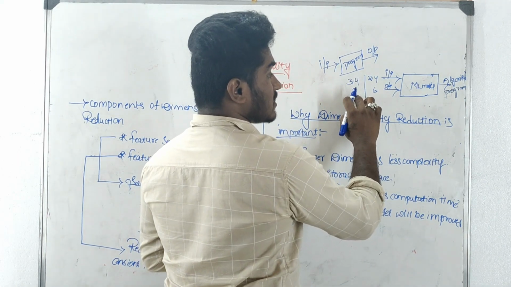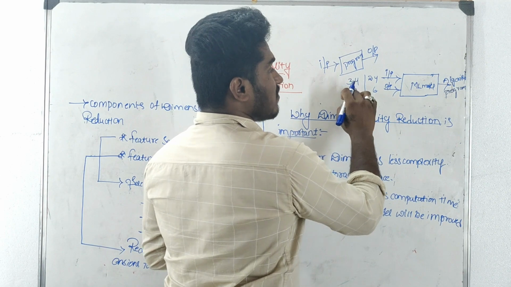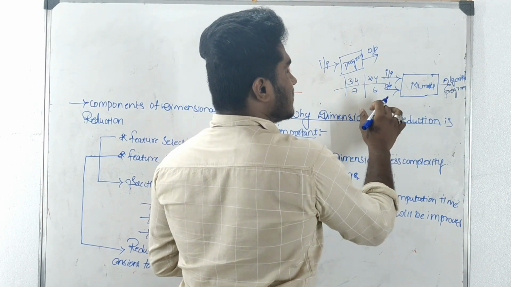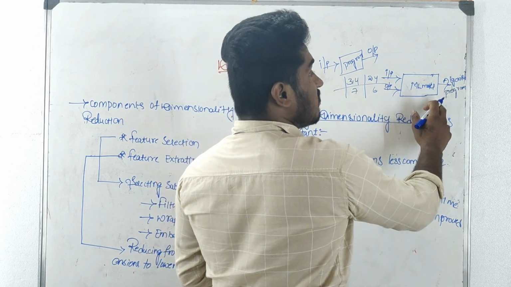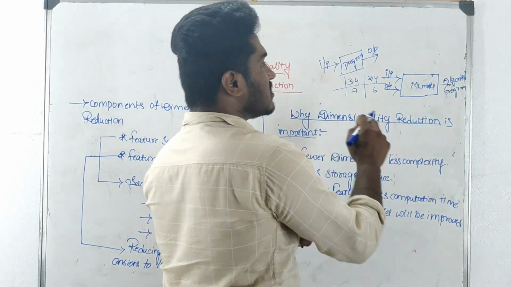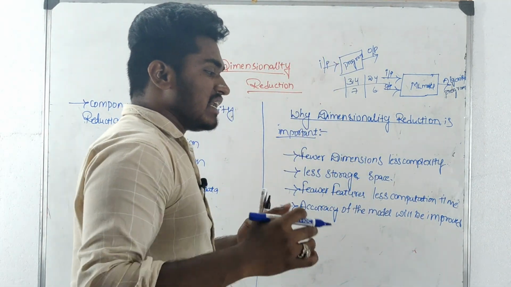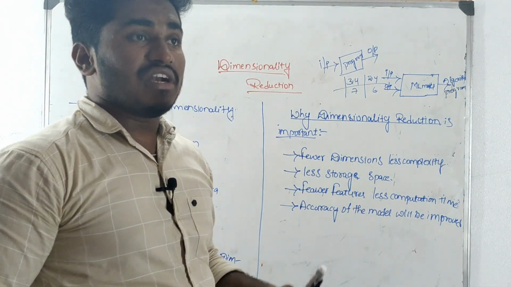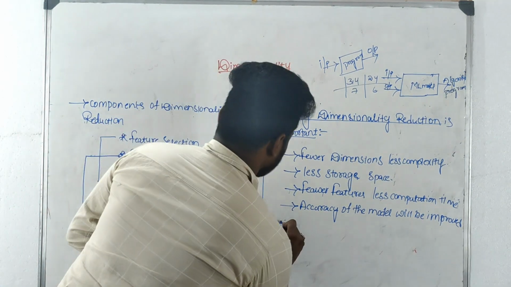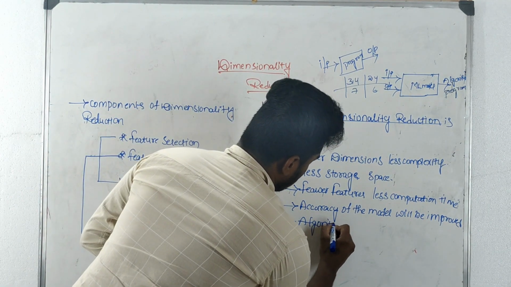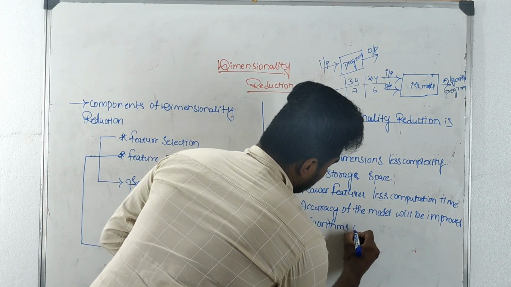Okay, here the expected output would be 7. Likewise, we are going to feed the input as well as the output. Based on these inputs, the machine learning model will produce the algorithm. So this is the case. So here, by adopting the dimensionality reduction technique, the algorithms will train faster.